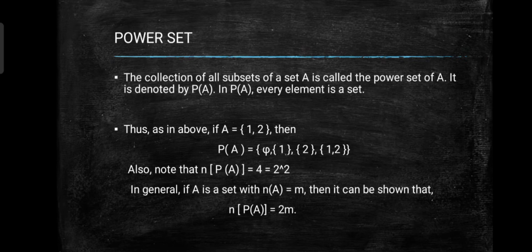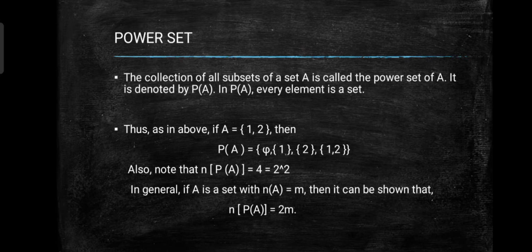The power set is the collection of all subsets of the set A. When I tell you a set of golden retrievers, a set of Pomeranians, a set of labs, a set of pugs, a set of huskies, a set of German shepherds, a set of shih tzus, and so on, they all come under a set of dogs, right? All these sets would be subsets of the main set, the set of dogs. That's how you represent them.